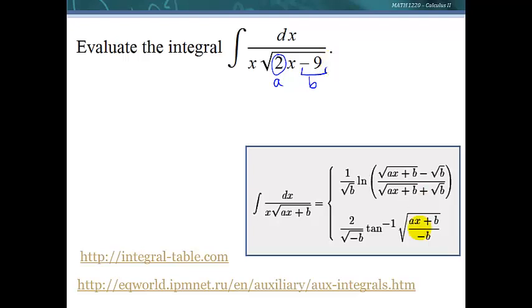Looking at which of these I would use, the second one, because b is negative, and here if I put it in I'd have the square root of a negative. Here I'm doing the negative of negative b, so it's this second one that I use.